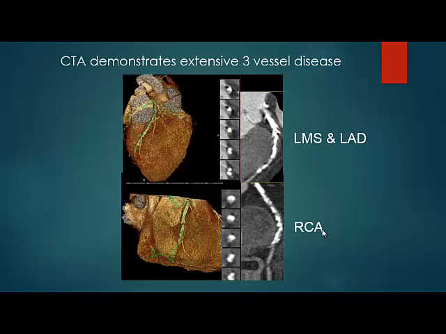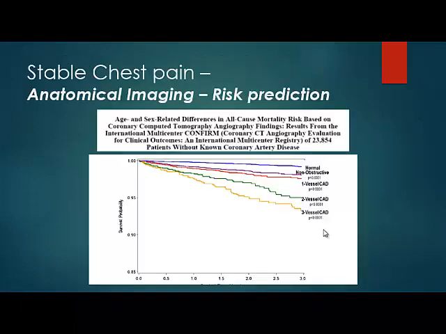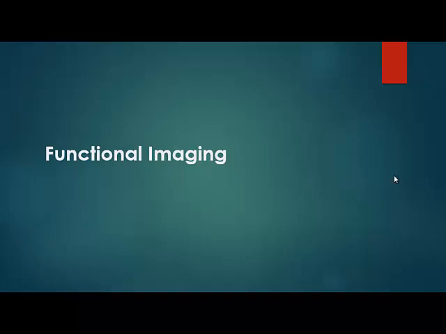But something like CT would not miss plaques. It will just show you that they are there. And again, the more severe plaques you have on CT angiography, the worse your outcome is. Okay, so these are studies like this showing the prognostic value of CT angiography.